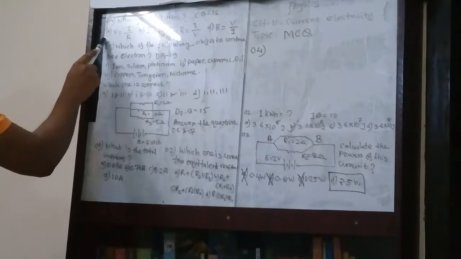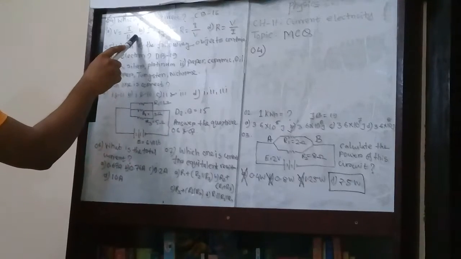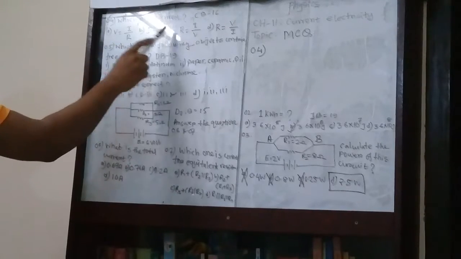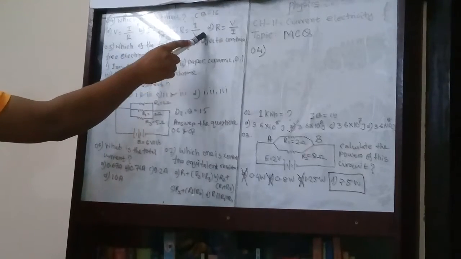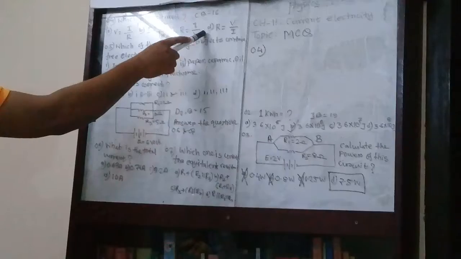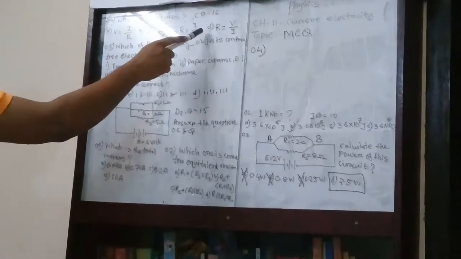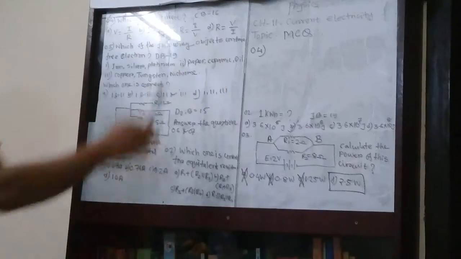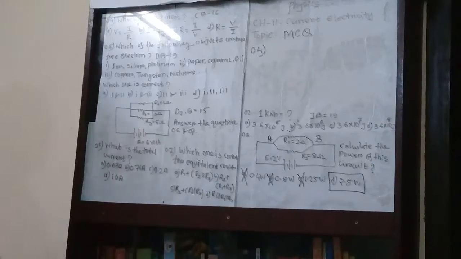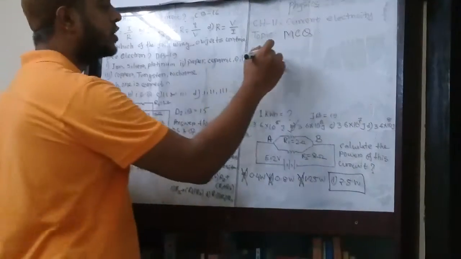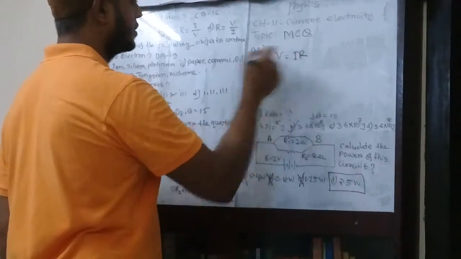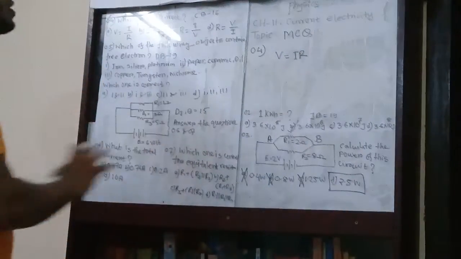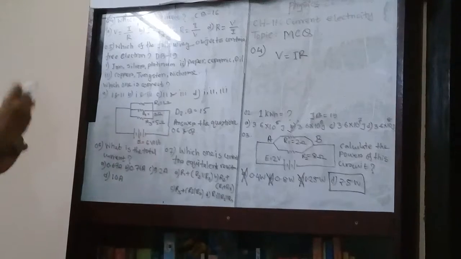Option A, V equals I divided by R. Option B, I equals R by V. Option C, R equals V by I. Option D, R equals I by V. You can see that the main equation is V equals I R. And all of the other equations are just in divided form.